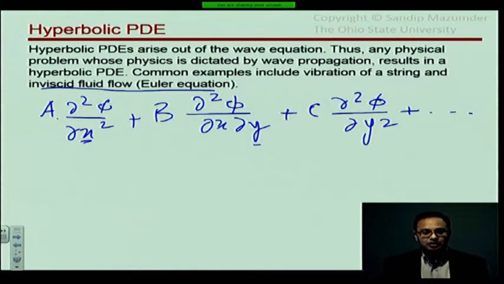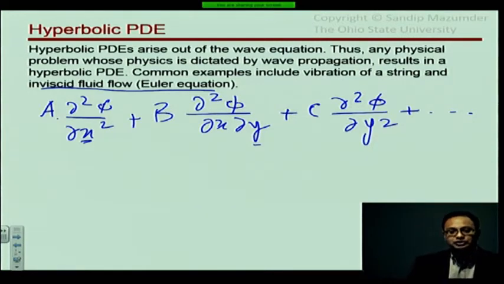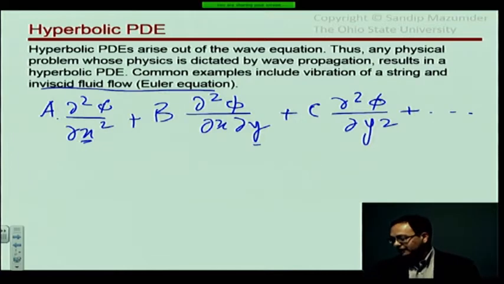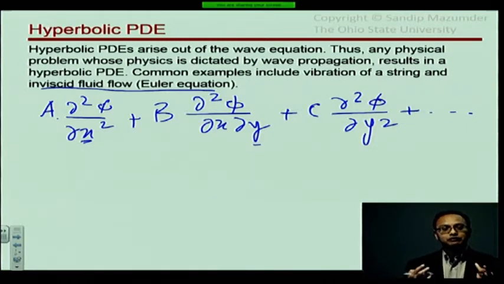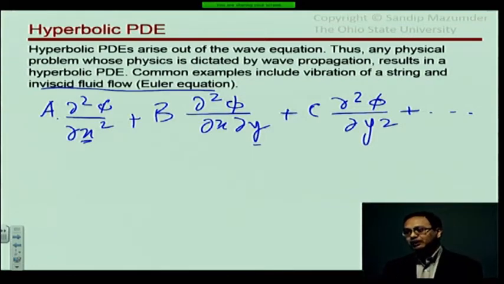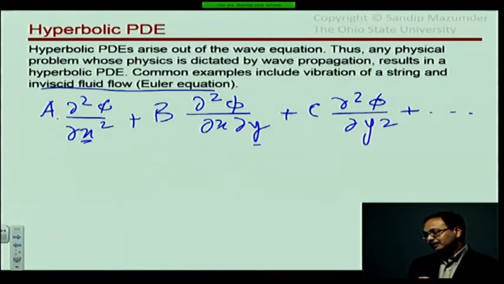So one of the issues that always comes about is what happens if I have more than 2 independent variables. Suppose now I add a time derivative to this equation. Which of the independent variables would you look at to classify the partial differential equation? In that case, the classification becomes quite ambiguous, and you have to assign qualifiers to your statement.